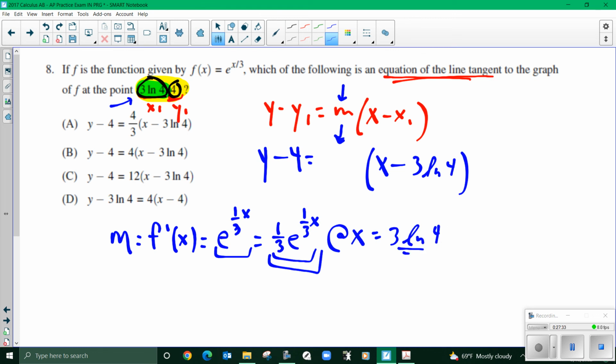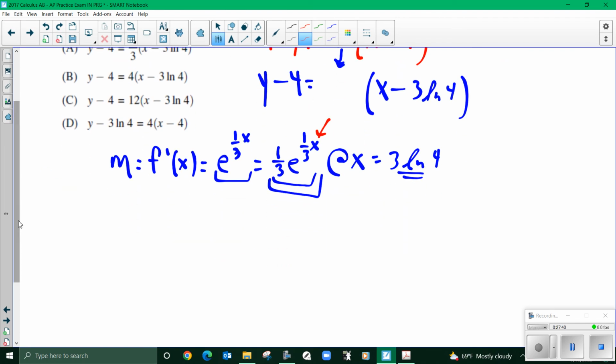So let's plug this into my x, and let's do some algebra. It's going to get fun here. 1/3 e to the 1/3 of x, which is 3 ln of 4. Right from the bat, 3 and 1/3 are going to cancel. So now I've got 1/3 e to the ln of 4.